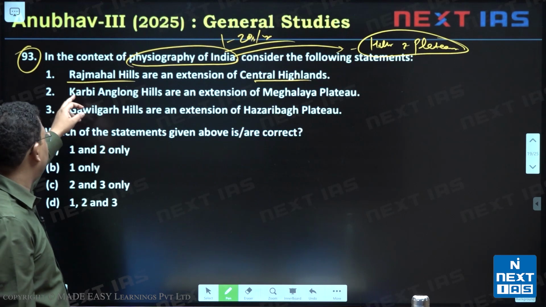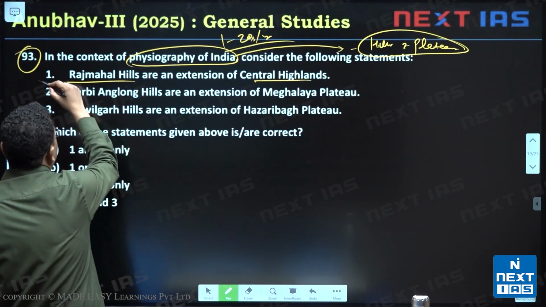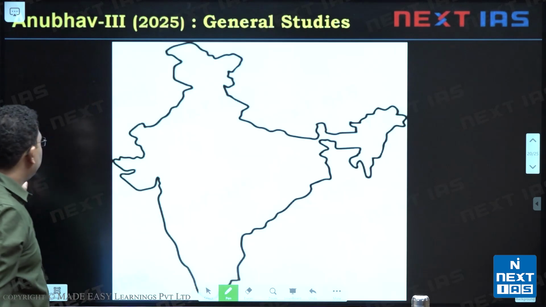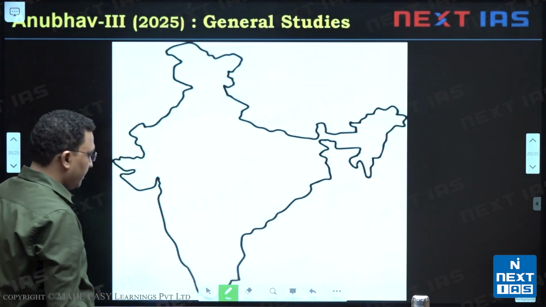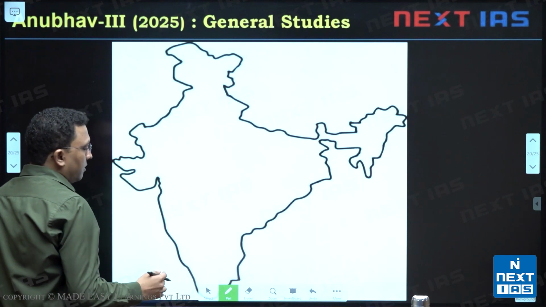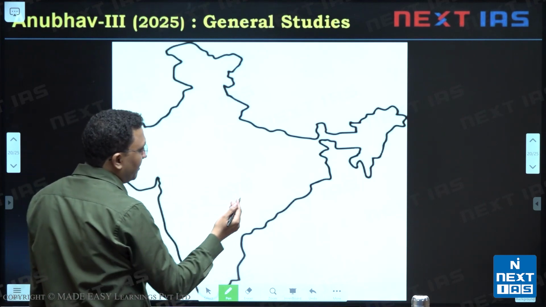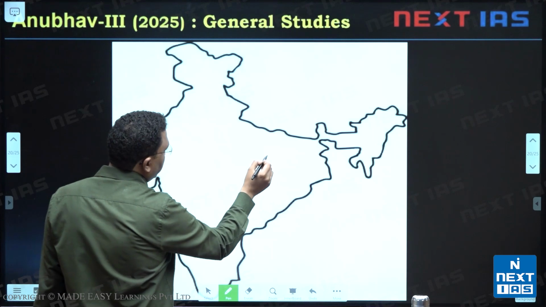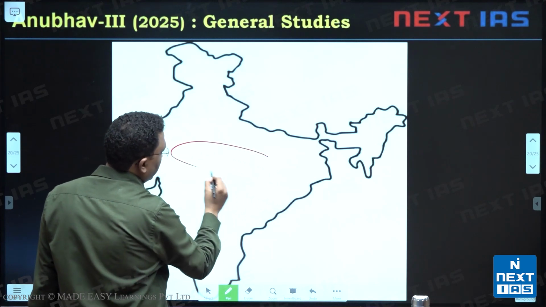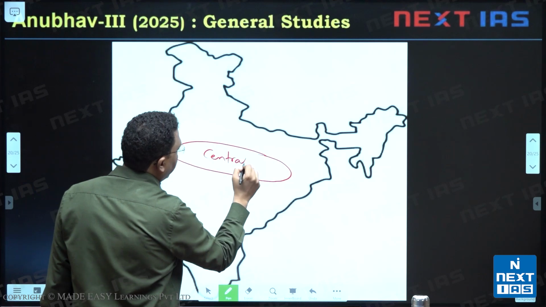So the first statement says Raj Mahal Hills are an extension of Central Highland. This is a correct statement. Let's see them on the map in order to understand it better. So this peninsular plateau can be broadly divided into 3 parts. The first is something like this. This is called Central Highlands.